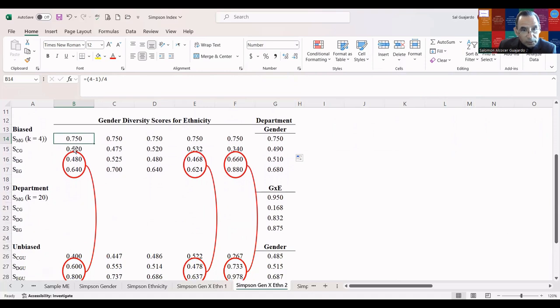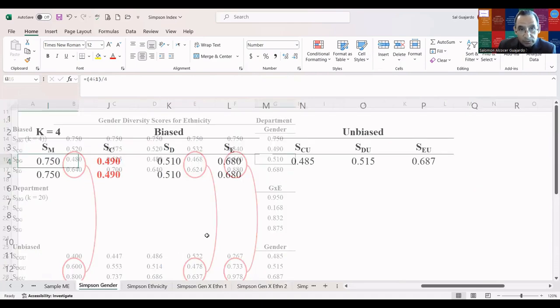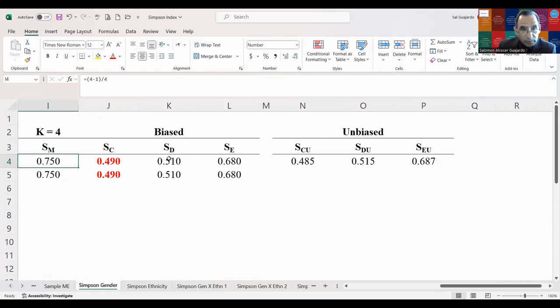Again, I can highlight the cells and then drag it across, and that gives me the score for each ethnic group by gender. Again, this is 0.51, so if I go back to gender, here's the 0.51 for the biased.